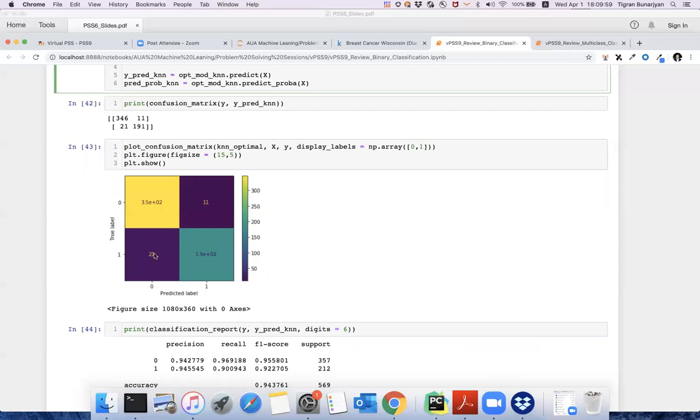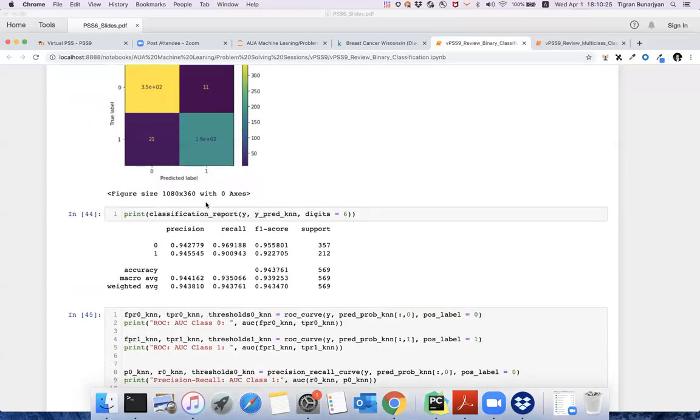And we see that the rate at which the true label was 1 and the predicted label was 0 has increased, and the rate at which our actual score was 0 and the predicted was 1 has also increased.